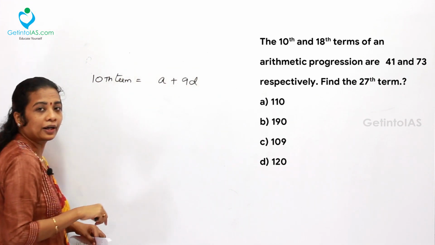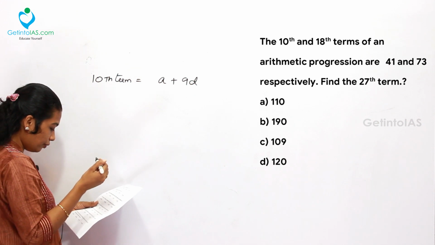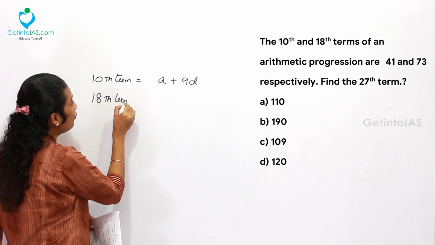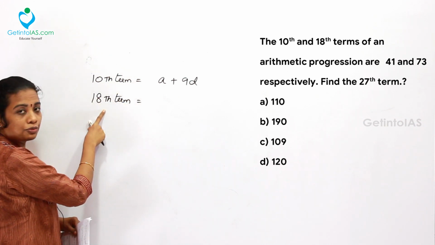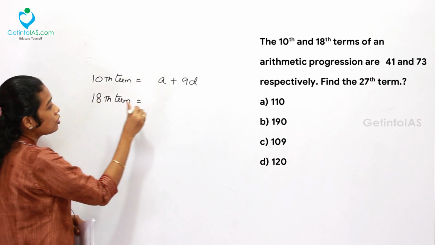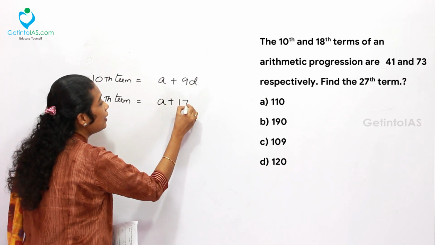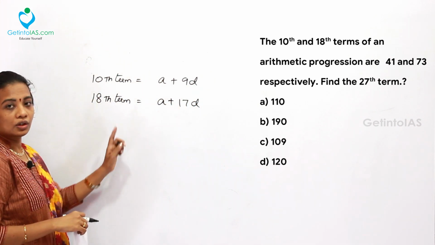This is the usual pattern, right? Also for the 18th term, usually how will you substitute with the AD pattern? Here A plus (n minus 1)D, that is 17D. The same thing you can write.